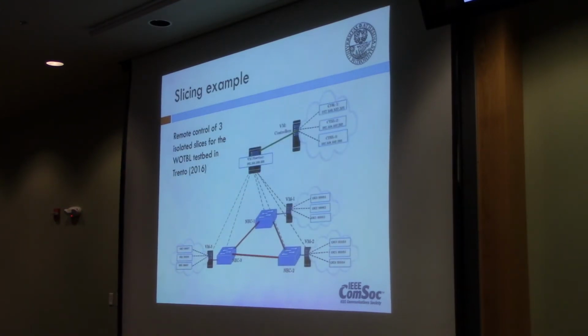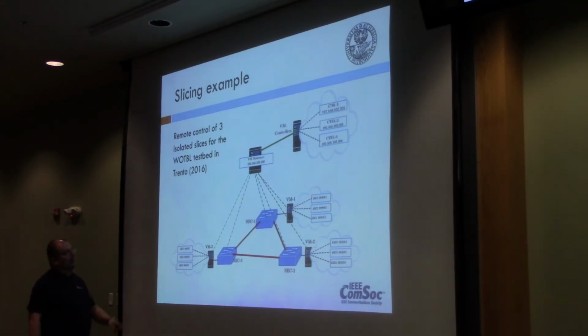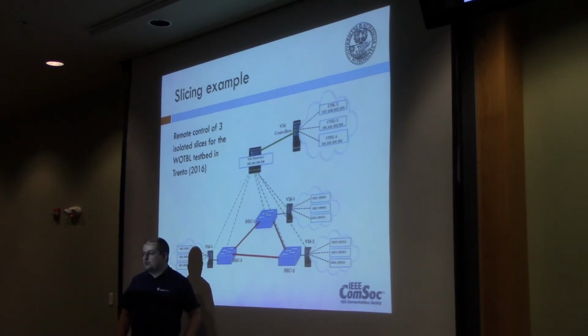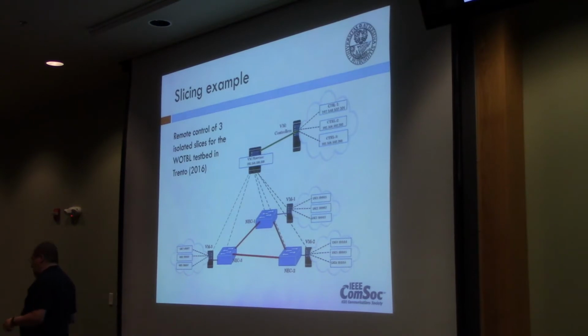Like I was telling before, this is an example that we did last year. This is the real network that we have. It's an optical ring with 3 OpenFlow switches in 3 different locations.